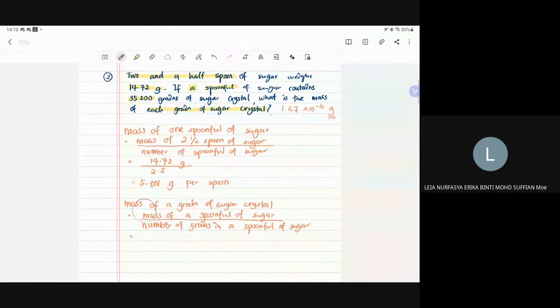Jisim satu sudu, kita bahagikan dalam satu sudu tu ada berapa grains, ada berapa butir. So this is 5.888 grams divided by 35,200.